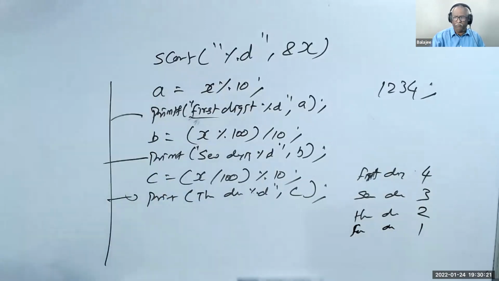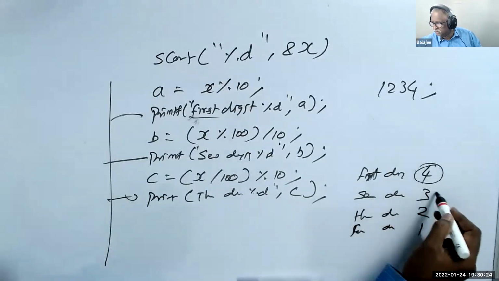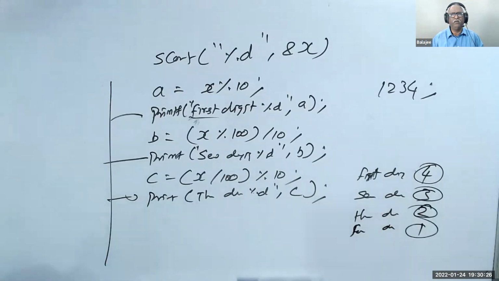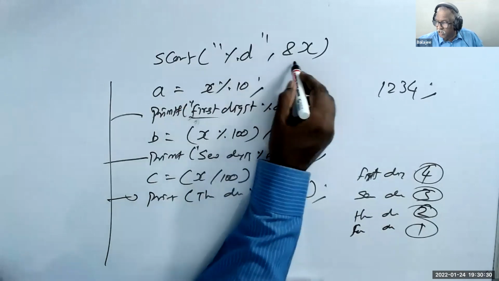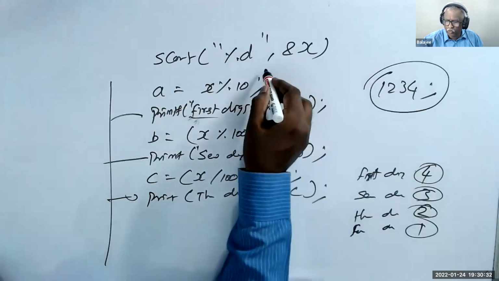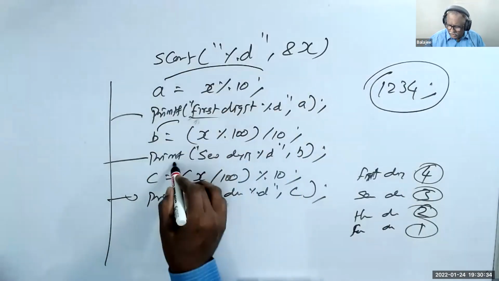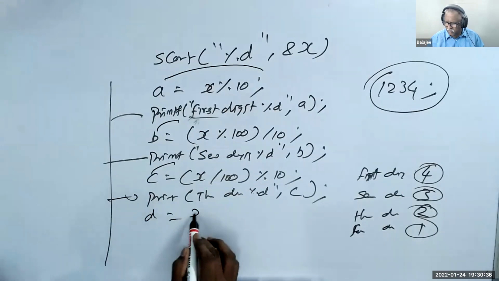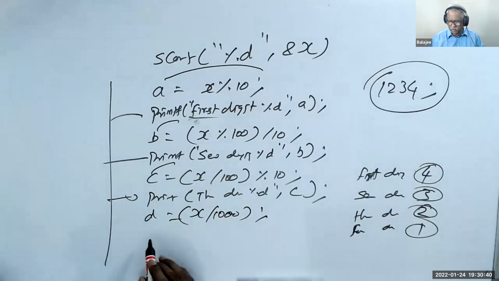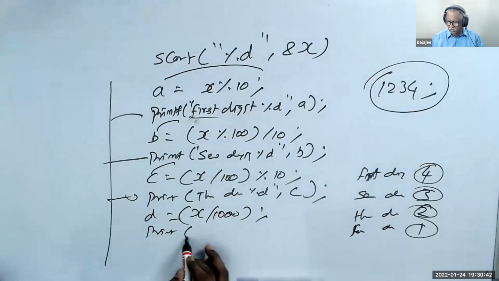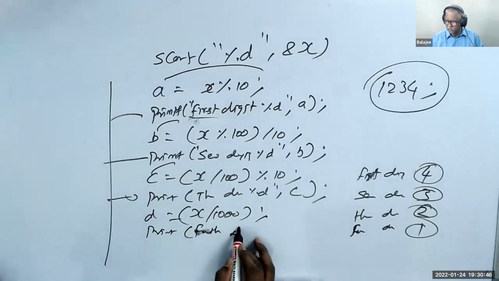That means my program is correctly printing this. Am I right? Now, from a single number, you divide them into A, B, C, and D. You got it. Fourth digit.